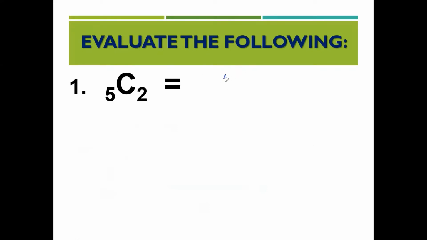So, 5 factorial over 2 factorial times (5 minus 2) factorial. Again, if you don't have a calculator, put an equal sign. 5 factorial is 5 times 4 times 3 times 2, up to 2 only, no need to put 1.